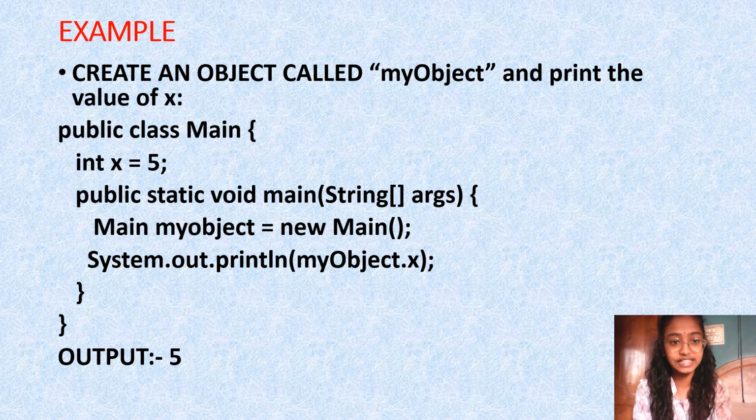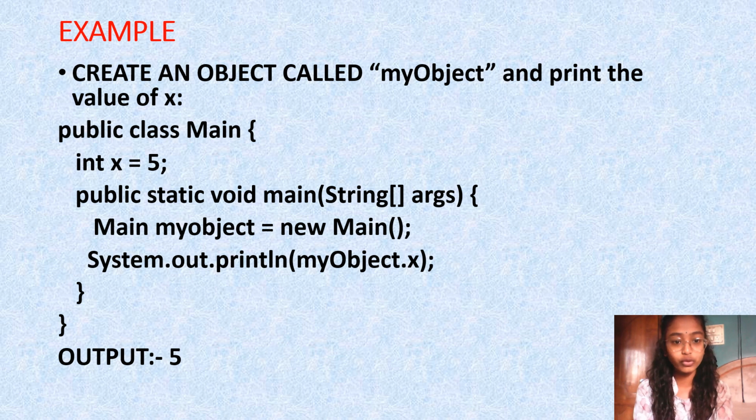Next, let us discuss an example to know how to create an object. We are creating an object called myObject and printing the value of x. In this program, first we are using the public class Main and we are using int x is equal to 5. We are initializing the value of x, that is 5.